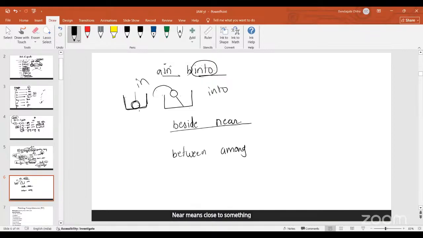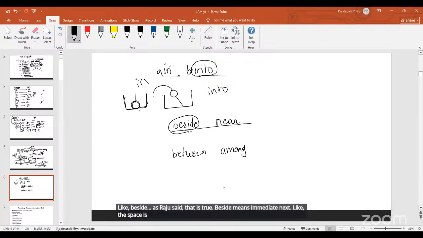Okay, fine. Beside, as Raju said, that is true. Beside means immediate next, where the space is very little. For example, I am sitting in front of the laptop on a table. So I am sitting beside a table.